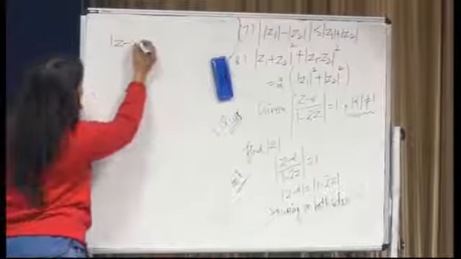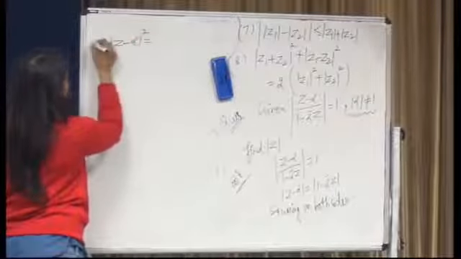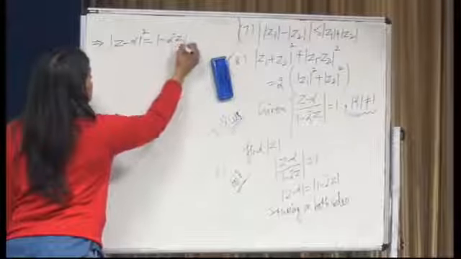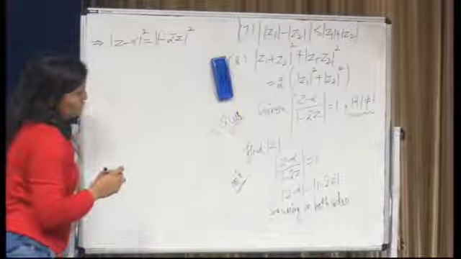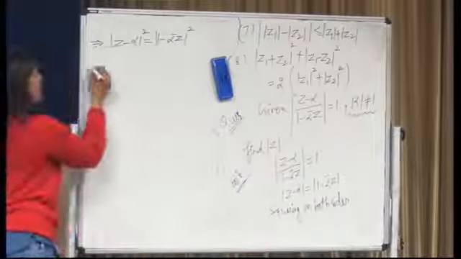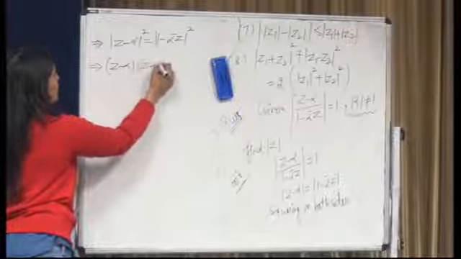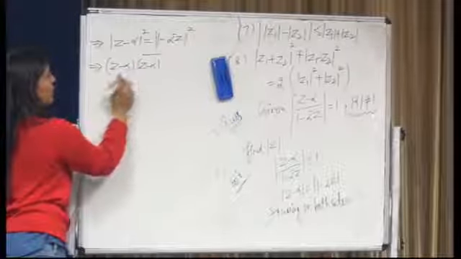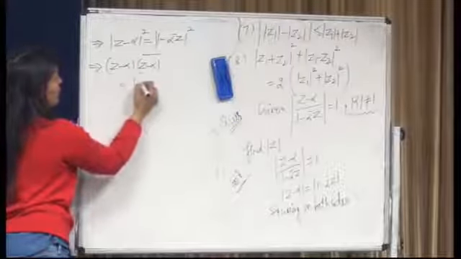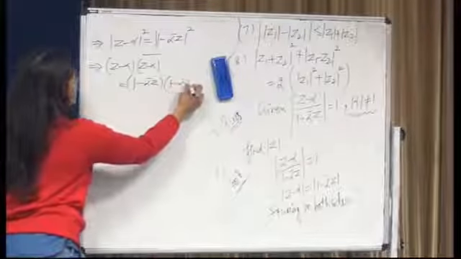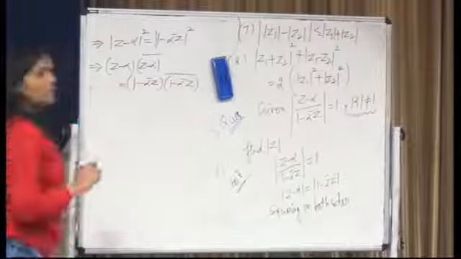So this is (z minus alpha) whole square, (1 minus alpha bar z) whole square. Is it okay? So squaring means this z z bar, 1 minus this, and then conjugate of this. Is this okay?